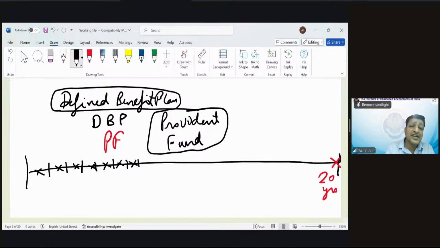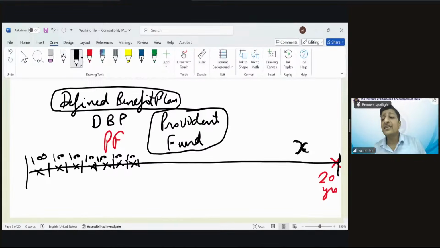So now in this case, in a similar way, the employer is making a contribution of 100 each year. And here again, the amount which is payable to the employee at the end of the 20th year is X. But in this case, at the end of the 20th year, there is a shortfall in the fund.